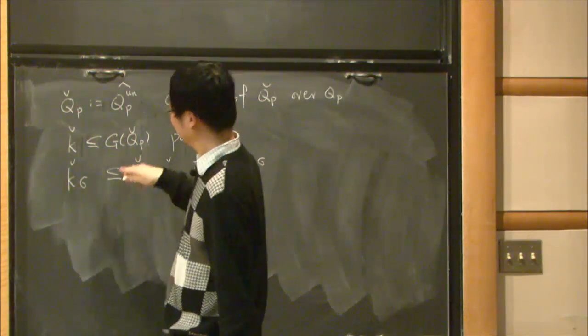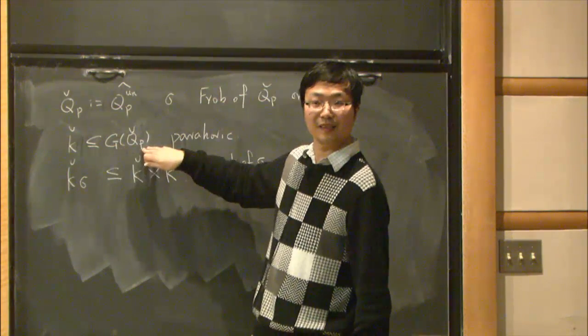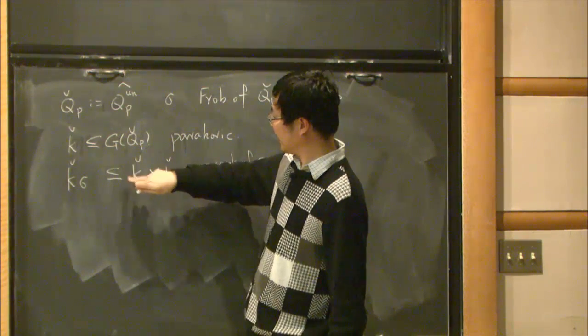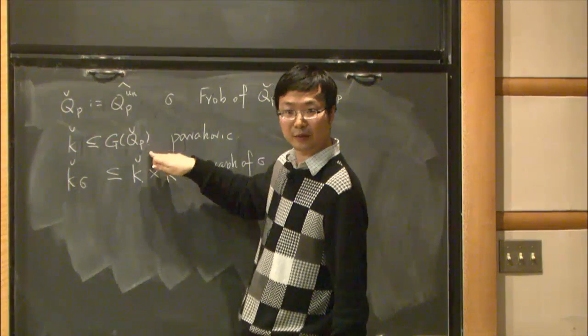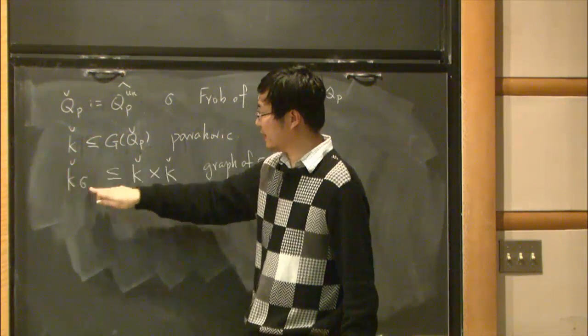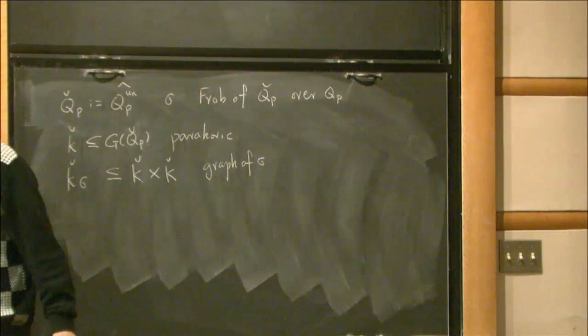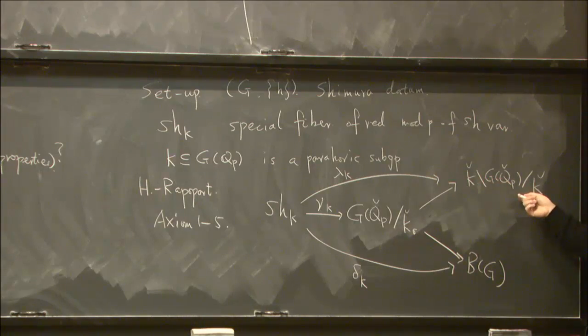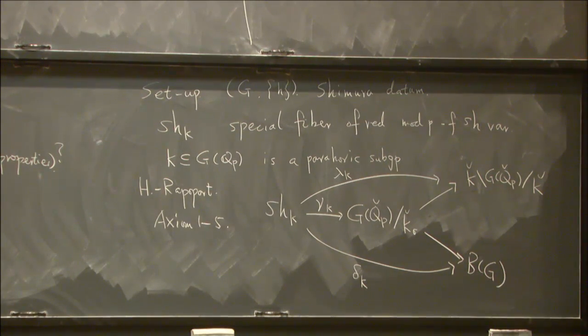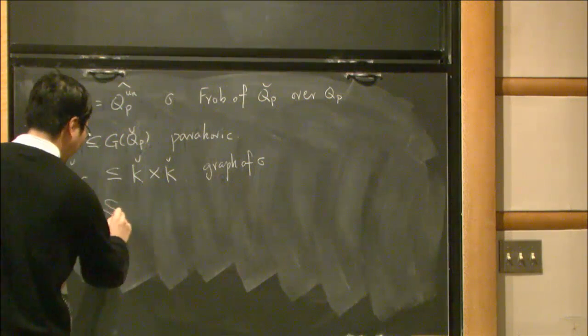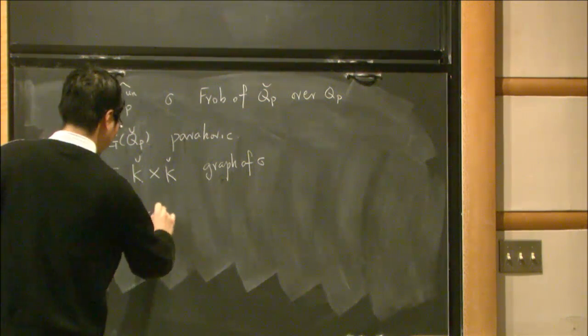So here, if you look at this group, then we have the first K factor on the left, second K factor on the right. And here, this is a subgroup. We think about this quotient. And of course, this actually factors through the action of K times K. On the other hand, this is also contained in this.